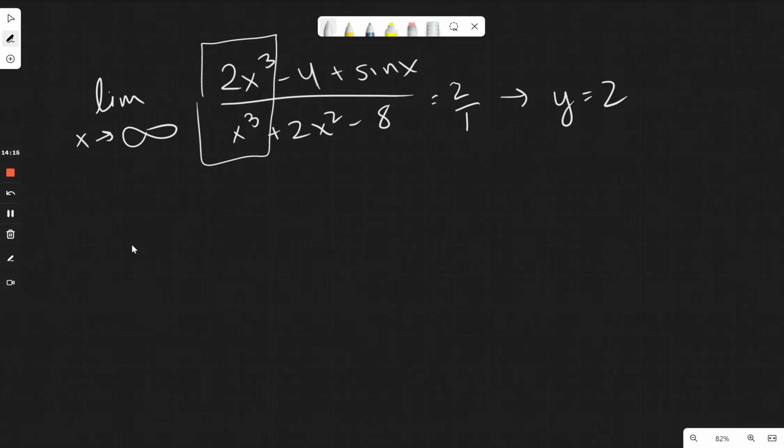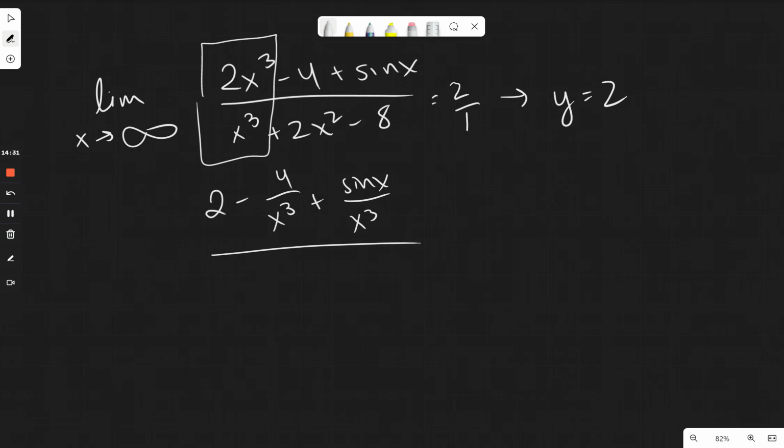Another way you'll commonly see people describe it is that the biggest term is x to the third. So if you were to divide both the numerator and denominator by x to the third everywhere, you'd get 2 minus 4 over x to the third plus sine of x over x to the third, divided by 1 plus 2x squared over x to the third, which becomes 2 over x, minus 8 over x to the third, limit as x approaches infinity.